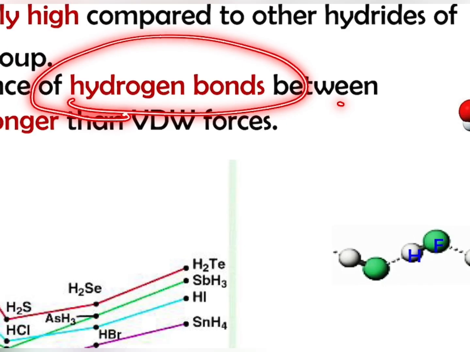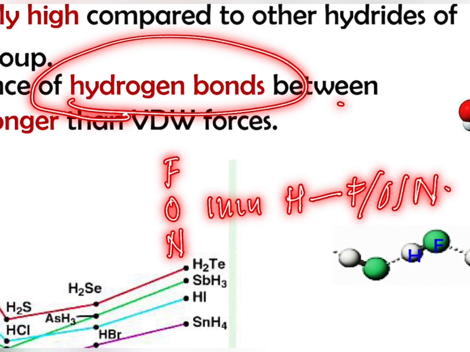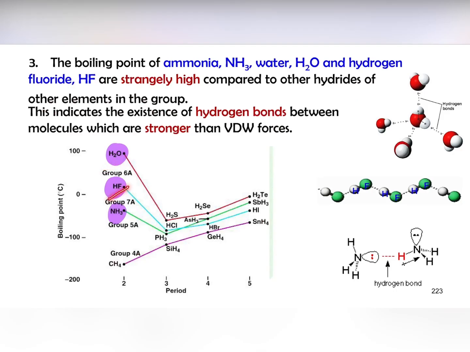So ingat, FON boleh buat hydrogen bond with H. Okay, so water molecule, hydrogen fluoride and also ammonia, you can form hydrogen bond between the molecules, right?